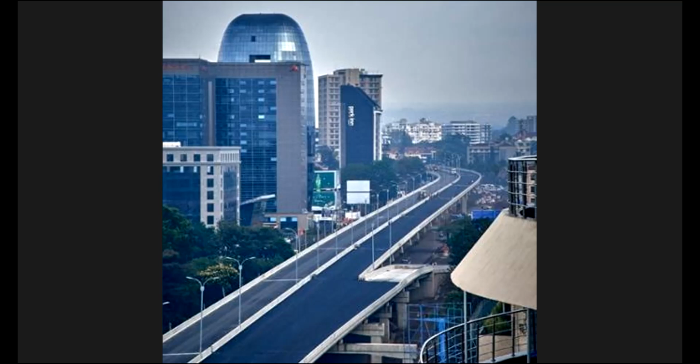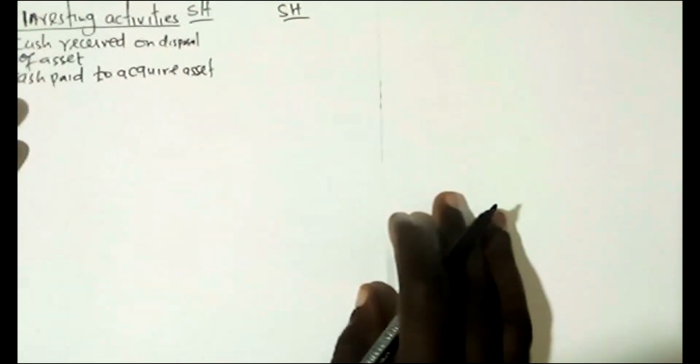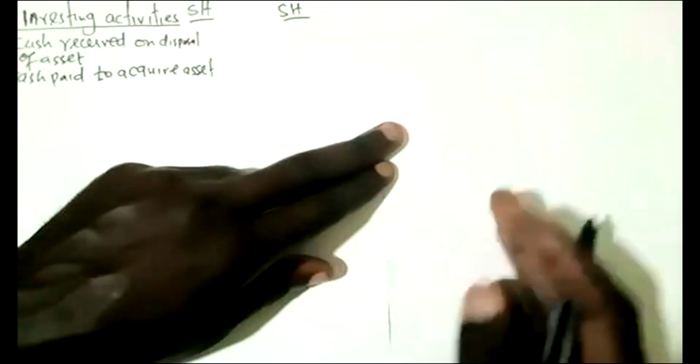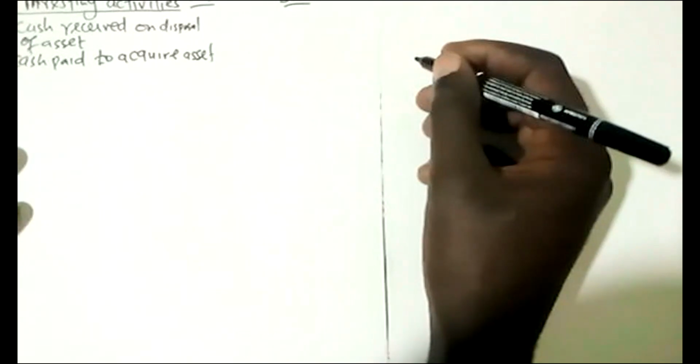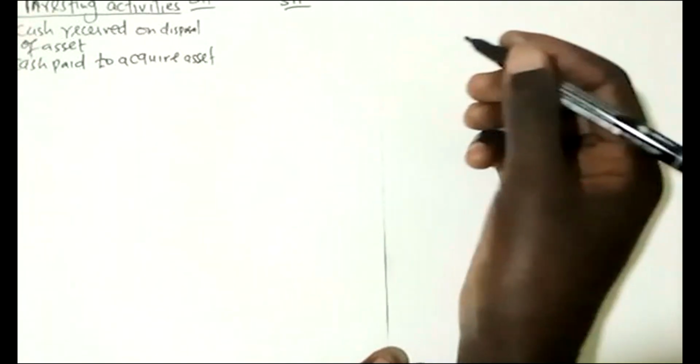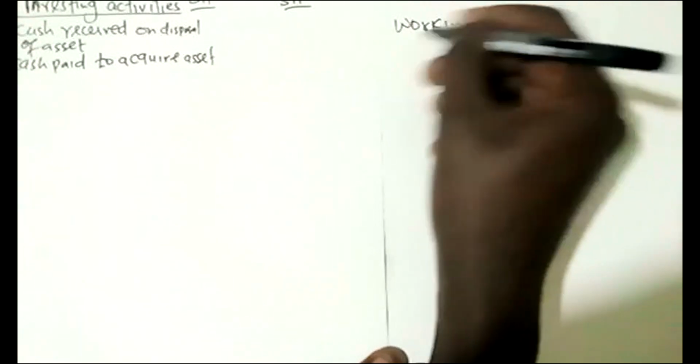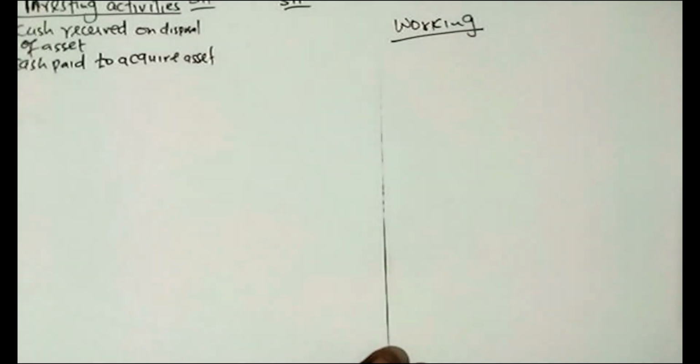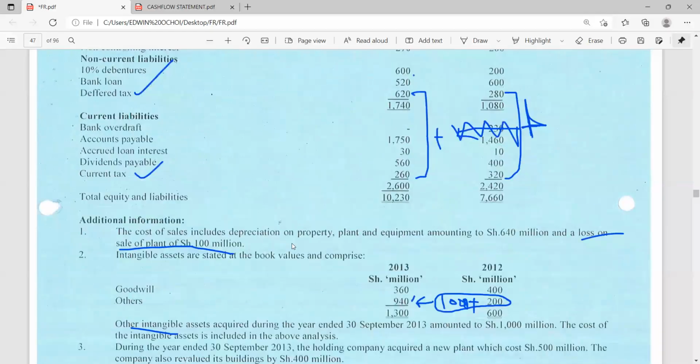Remember that in additional information number one, so I have to do workings. What they said in additional information number one is that the cost of sales includes depreciation of property, plant, and equipment amounting to 640, and the loss on disposal of plant of 100.